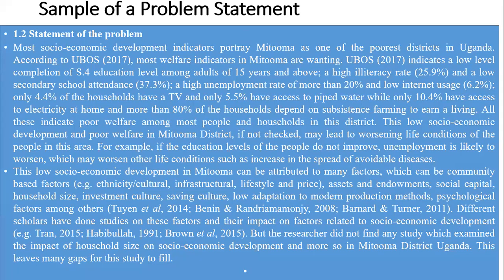Because even the last sentence, you see the researcher says, this leaves many gaps for this study to fill. It means he did not identify one single gap. There are many. At least as per this second last sentence, you can see two. The first one is which type, and the next one is which type? I'm waiting.